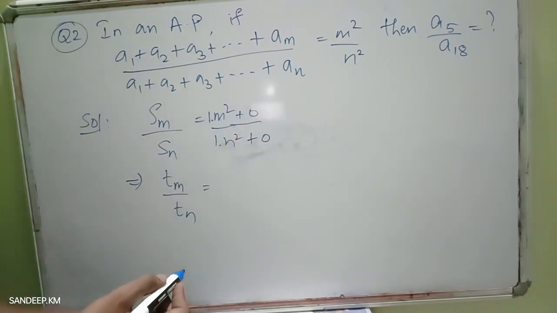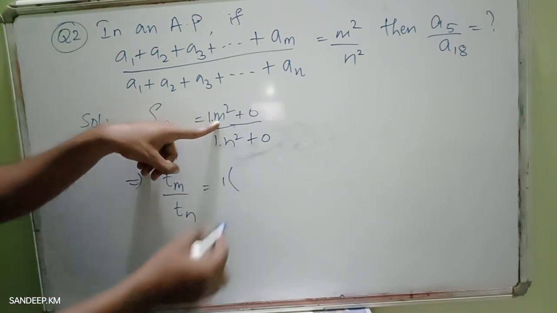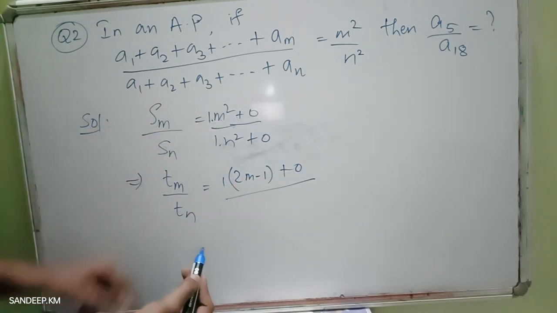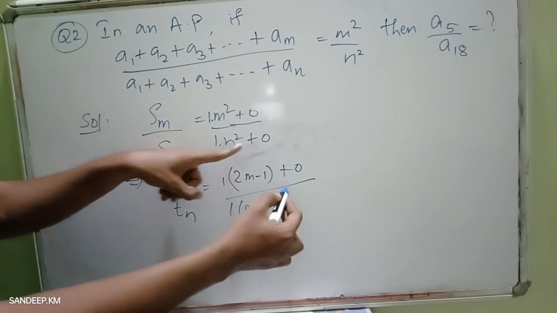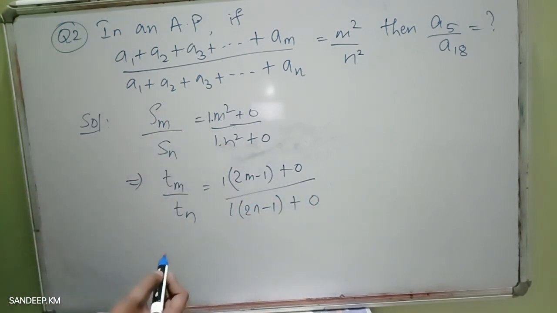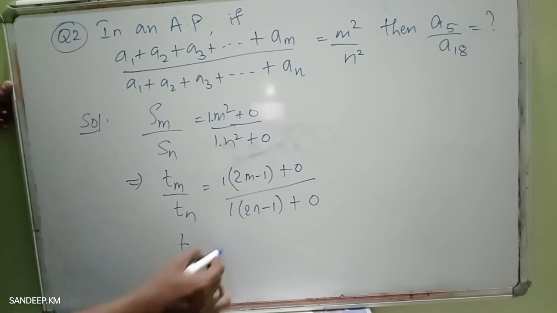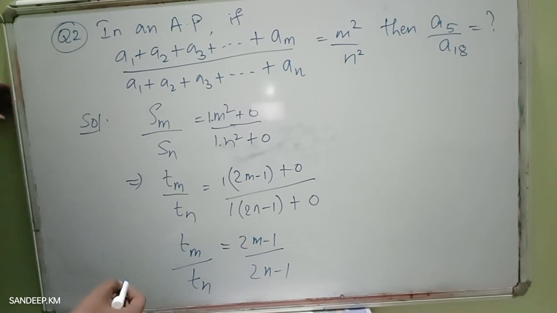Using the shortcut that I have discussed before, 1 as it is, m² is replaced with 2m − 1, plus 0, divided by 1 as it is, and n² is replaced with 2n − 1, plus 0. So therefore, dear students, the ratio of the mth term to the nth term is (2m − 1)/(2n − 1).